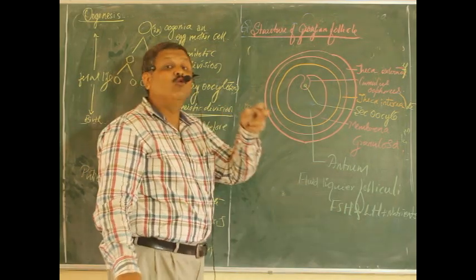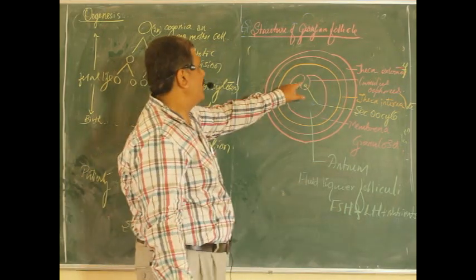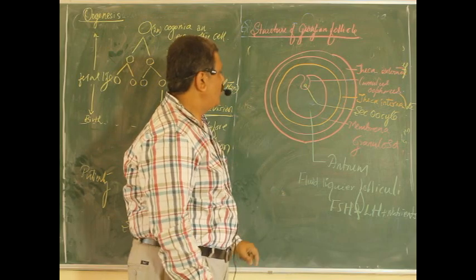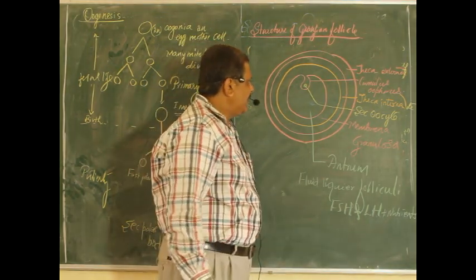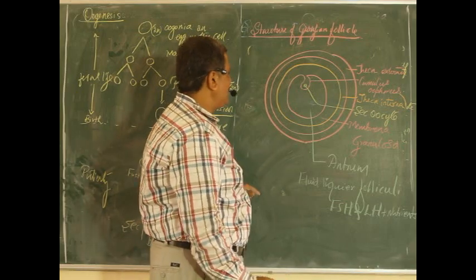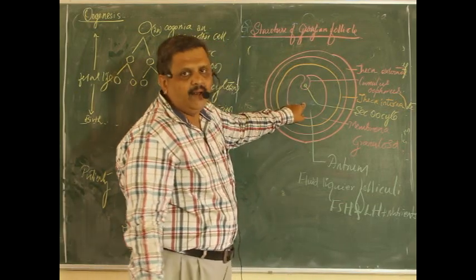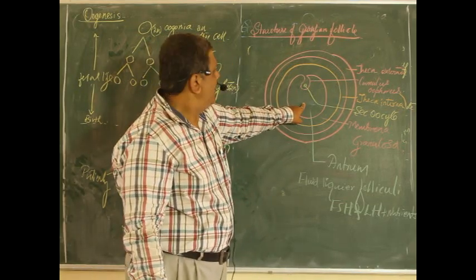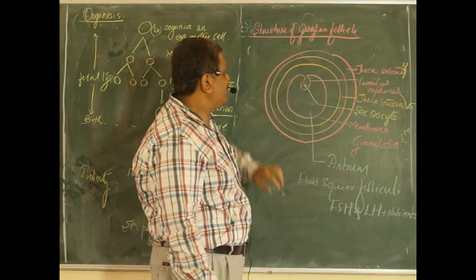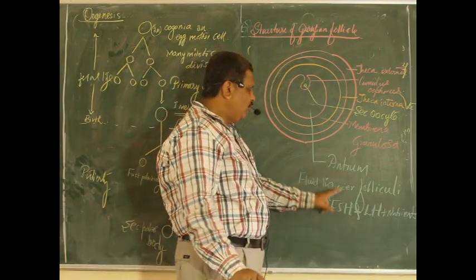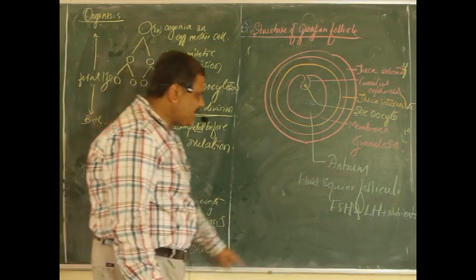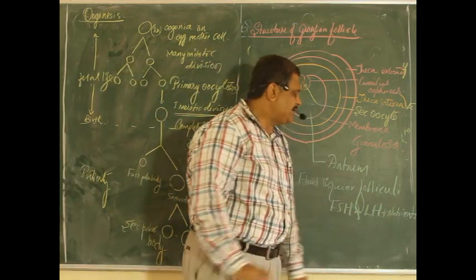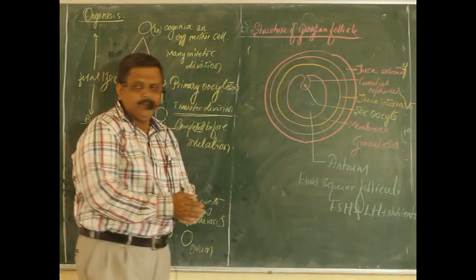Corona means crown-like appearance above the egg. So, corona radiata, I will tell you in the next explanation. Here there is a cavity called antrum, filled with a fluid called liquor folliculi, which is rich with FSH, LH and nutrients.